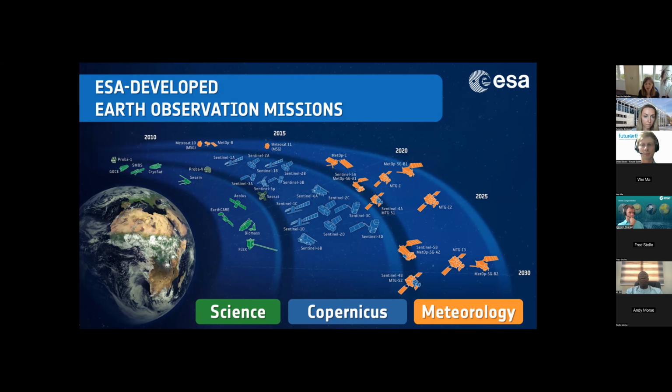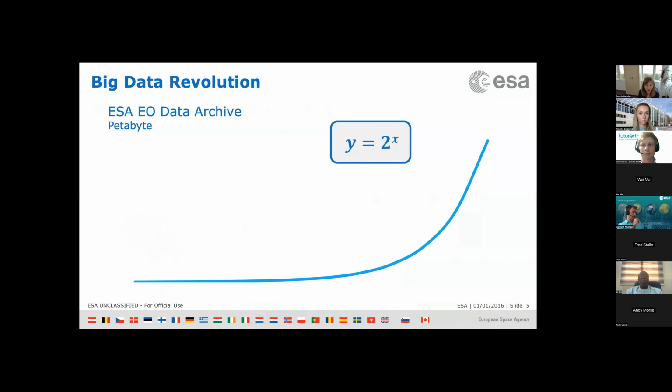The Sentinel-2 and Sentinel-1 in particular, just providing an amazing amount of data. And then on the orange side, the far right side, that's the meteorological satellites, which inform the numerical weather prediction. So yeah, I just mentioned there's a huge revolution in the amount of data available, and that's one of the topics that we're going to be discussing at this webinar, how to make use of this for health research.